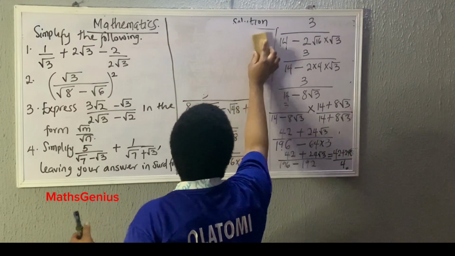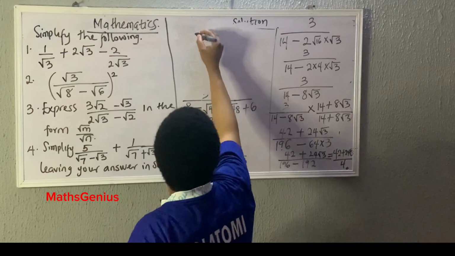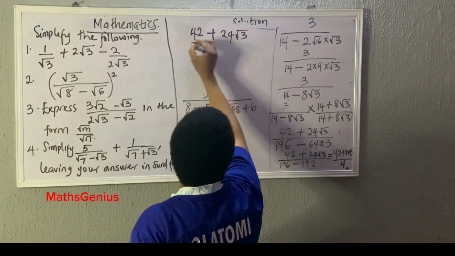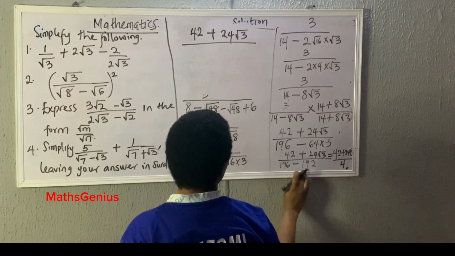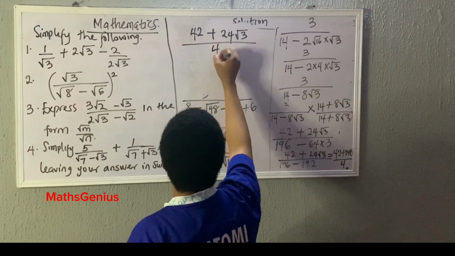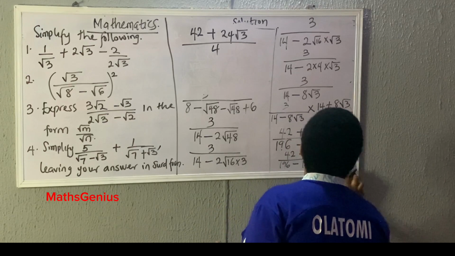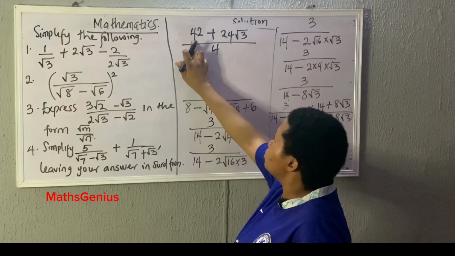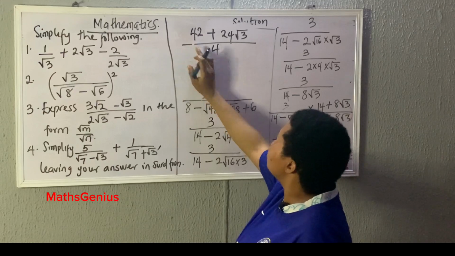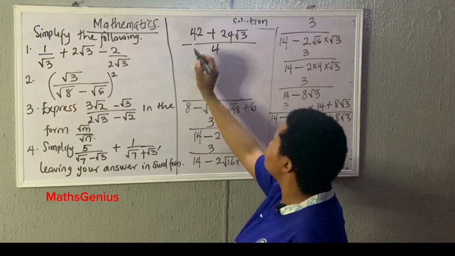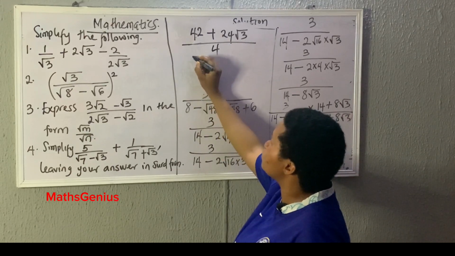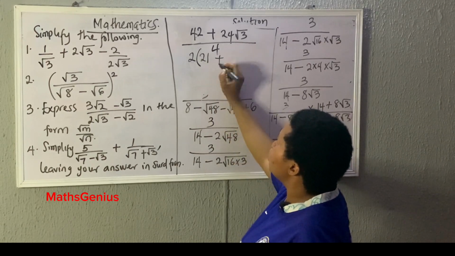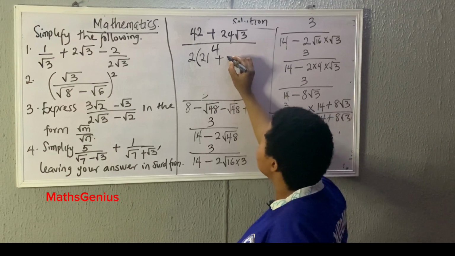So let me write the complete answer here to make it clearer. We have 42 plus 24 root 3 over 196 minus 192, which will give us 4. Now if you look at the question very well, can 4 divide 42? No. So something is common there, that's 2. We factorize 2 out, we have 21 plus 2 times 12.